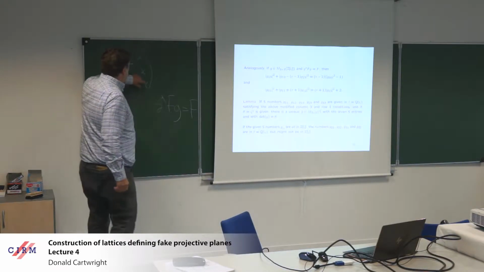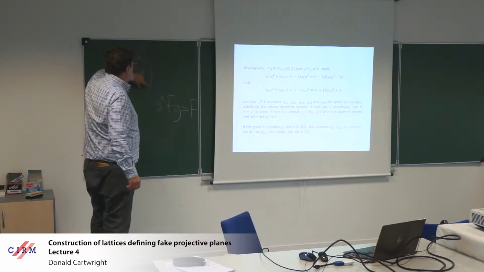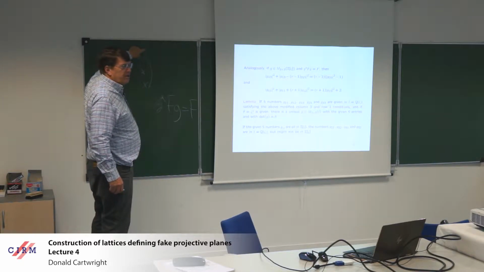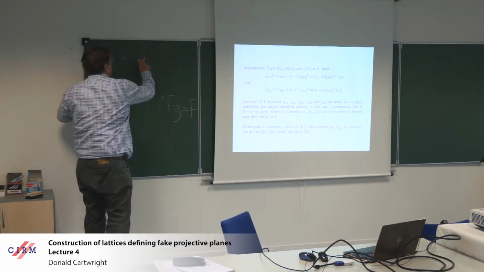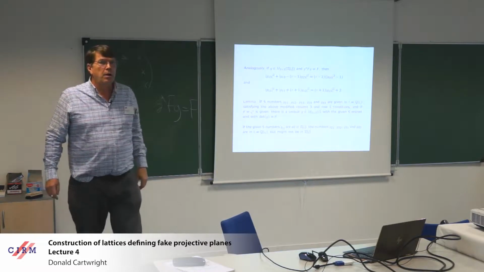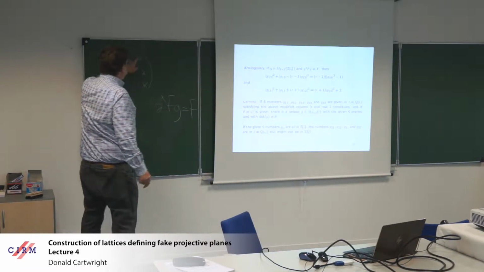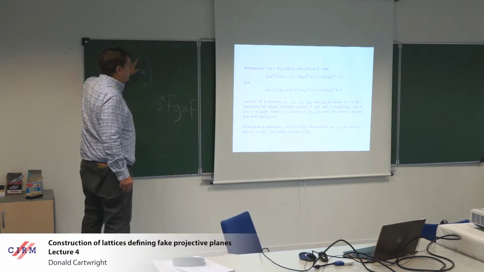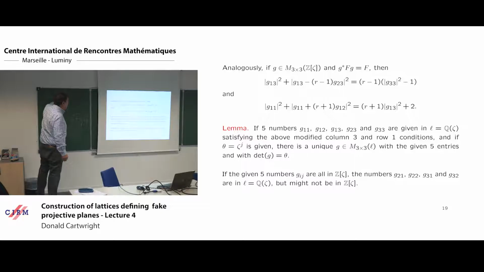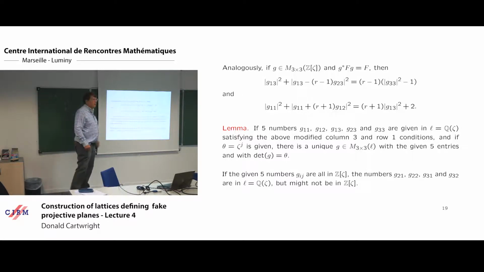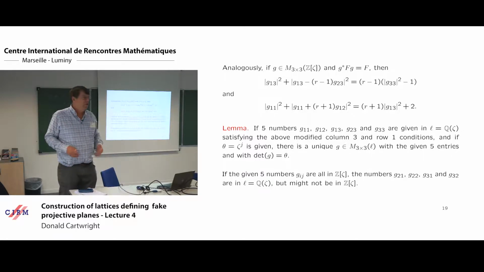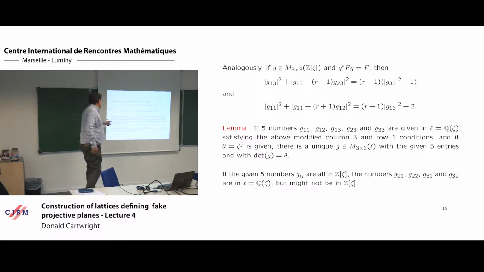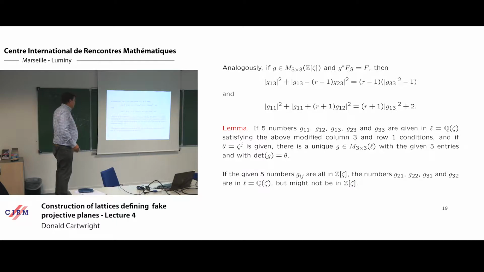You first find a triple satisfying the column 3 condition, and then for each such solution you look for the triple satisfying the row 1 condition, and then you plug in, you make one of the 12 choices of theta, and you will get an element satisfying this.